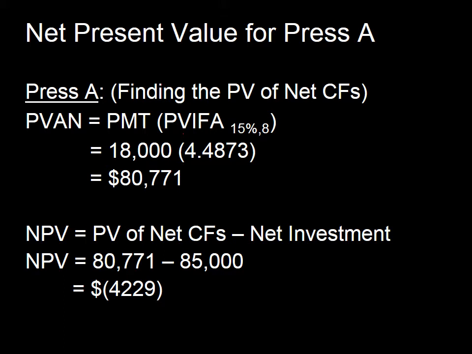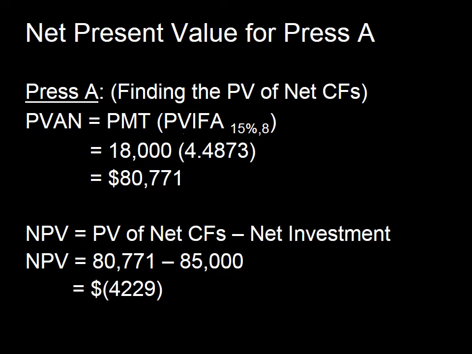If you look that number up in your present value interest factor of annuity table, you'll find that the present value of that annuity is $80,771. Now to calculate the net present value, we take that $80,771 and subtract the $85,000 investment in press A that we saw in the previous slide, and we find that we get a negative net present value of $4,229.